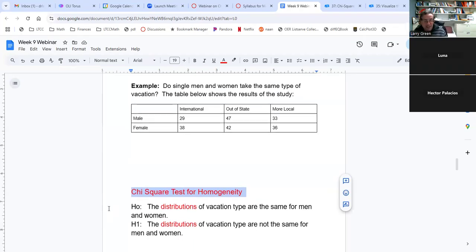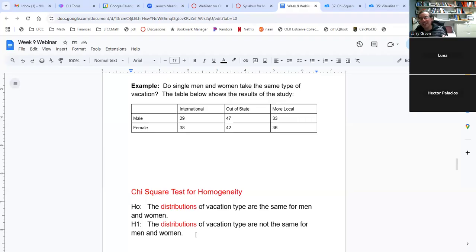All right, so here's H naught. H naught is the distributions of vacation type are the same for men and women. And H1 is the distributions of vacation type are not the same for men and women.